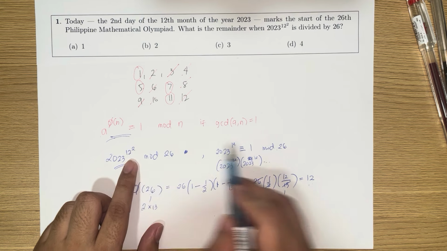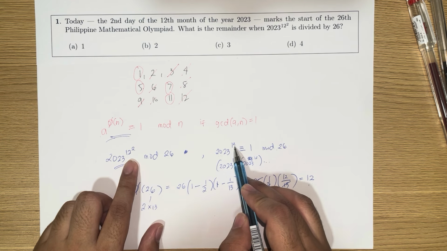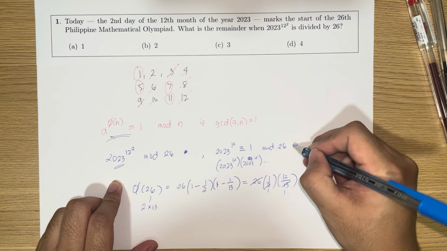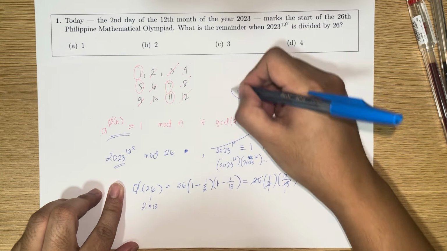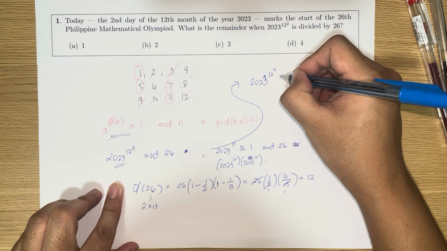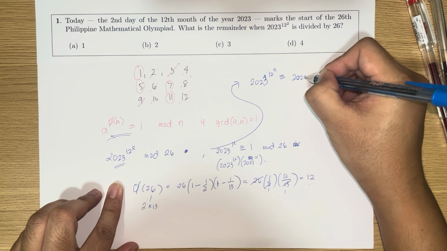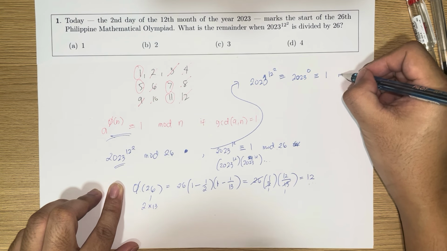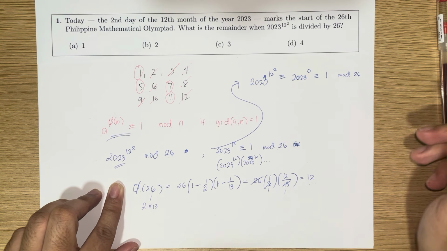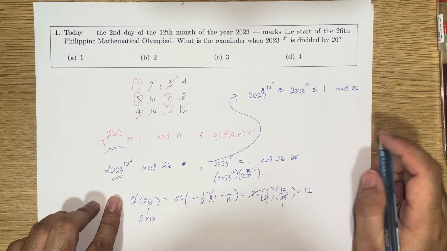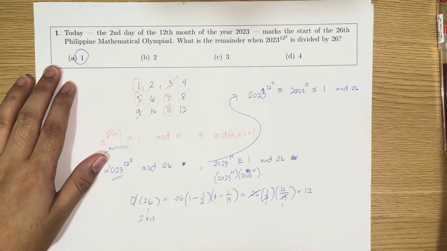But 12 squared is divisible by 12. So basically, 2023 to the 12 squared is congruent to 2023 to the 0, which is congruent to 1 mod 26. So the remainder here is 1.